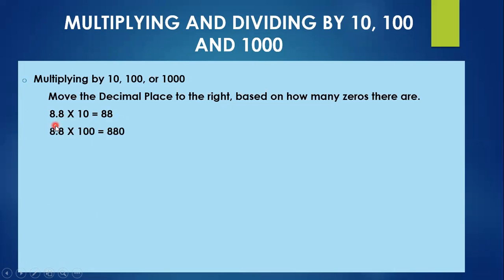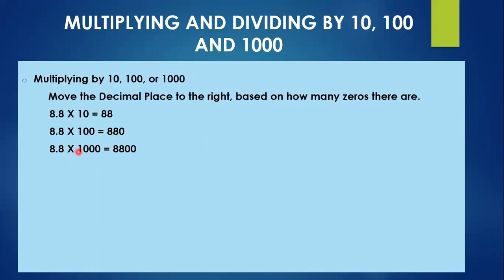If you have 8.8 multiplied by 100, we will move two places towards the right. Why two places? Because 100 has two zeros. So you get one place, in the second place there is nothing, so we take a 0 here. So you will get the answer 880.